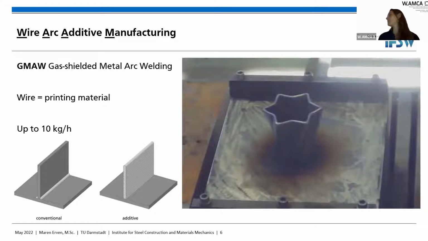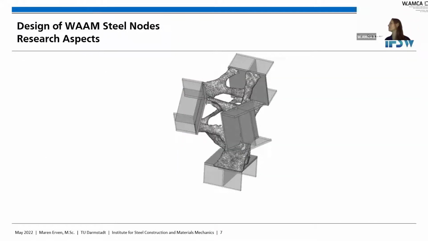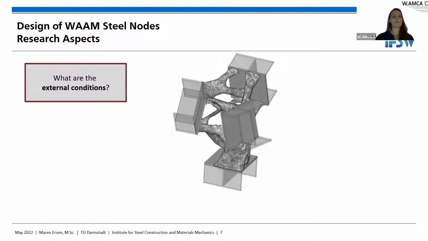When we want to design and use the nodes for real construction, there are some research aspects I want to focus on. The first question that comes to mind is: what are the external conditions for these nodes? What kind of loads are on them? What is the geometrical surrounding?